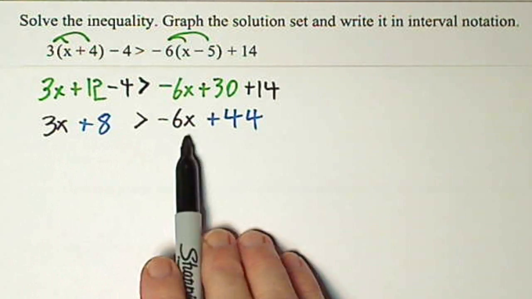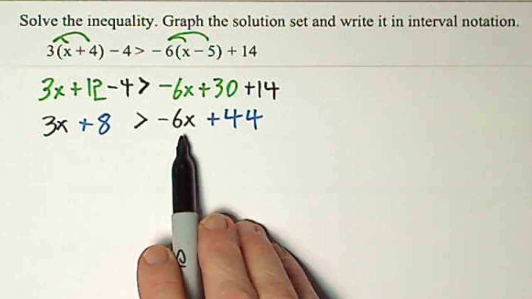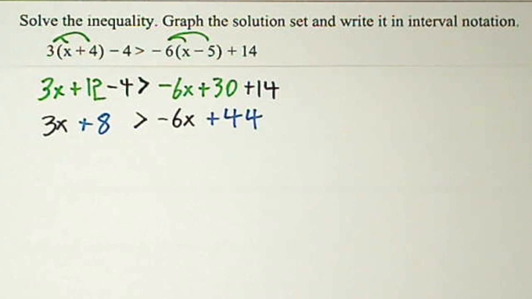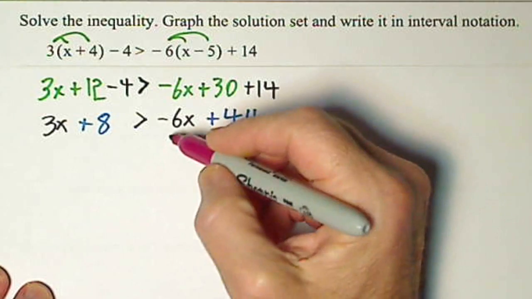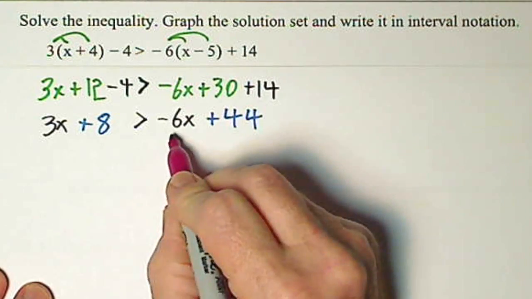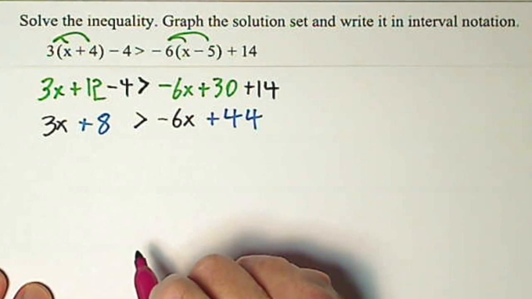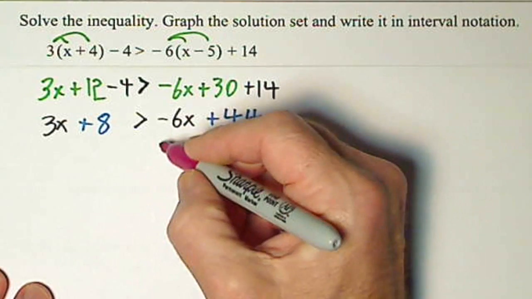I could get rid of any one of these 4 terms, but I'm going to get rid of the -6x because I don't want to have to deal with a negative. So a positive, it's held here by addition or subtraction, so I get rid of it with addition or subtraction using the opposite sign.